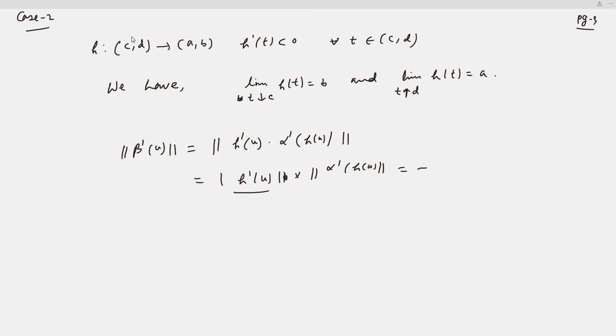So this is mod of h prime of u equal to minus h prime of u, times norm of alpha prime of h of u.